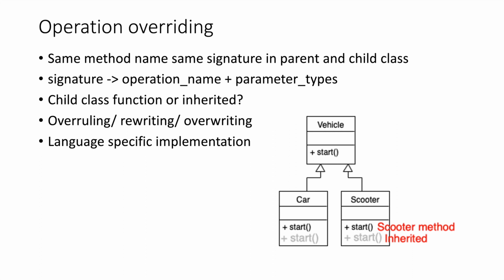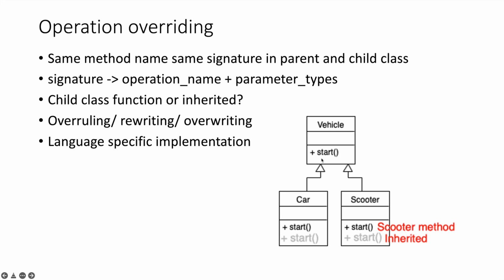Operation overloading was where the method name was the same but the parameter listing or method signature was different. But in the case of operation overriding, let us consider the case where the parent class has a method or operation signature, for example start, and a child class also has it.